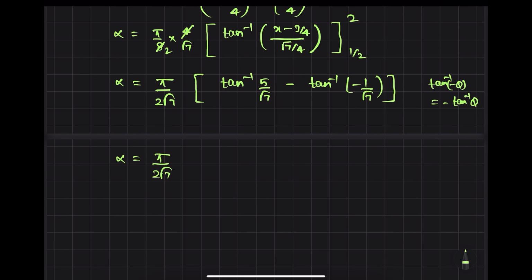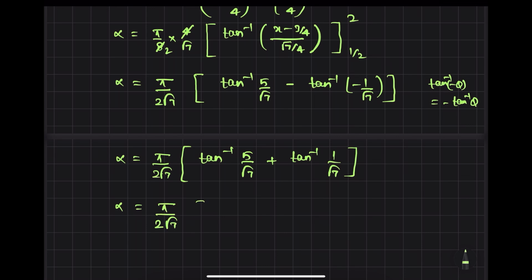Okay, we are almost there, just write. So we have tan inverse 5 by root 7 plus tan inverse 1 by root 7. Now here we got tan inverse x plus tan inverse y. So can we apply the tan inverse x plus tan inverse y formula?